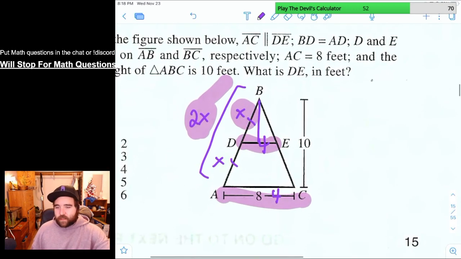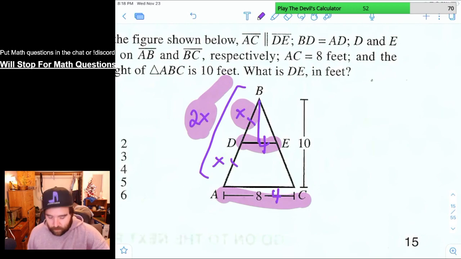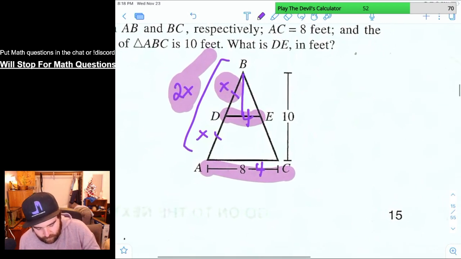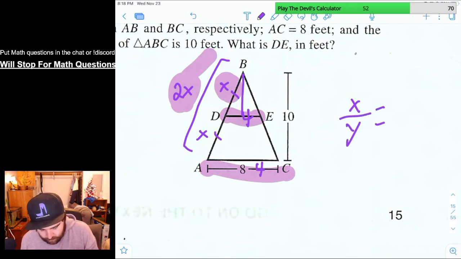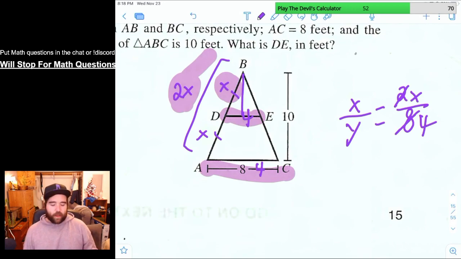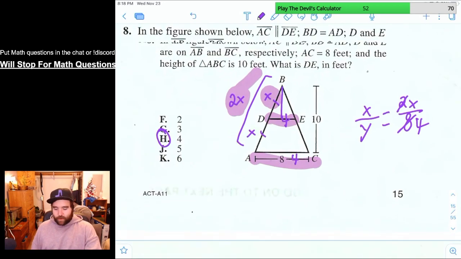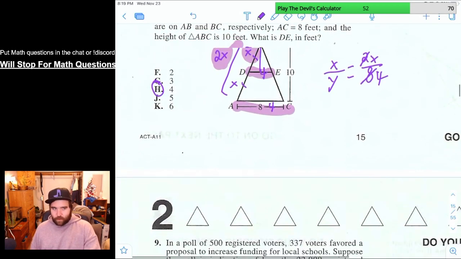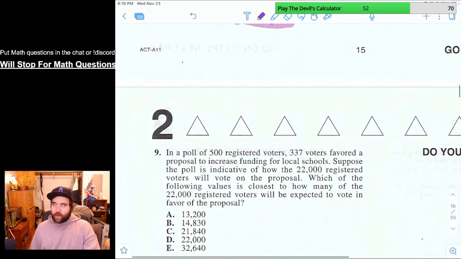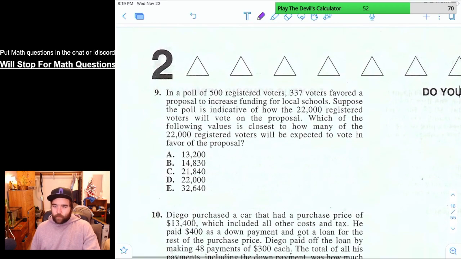Okay, yeah, that's just a similar triangle idea. You see that those are similar. So then you say that x is to this y as that 2x is to 8. So, right, so that's canceling out, and so you get x over y equals x over 4. So y has to be 4. Okay, that makes sense.